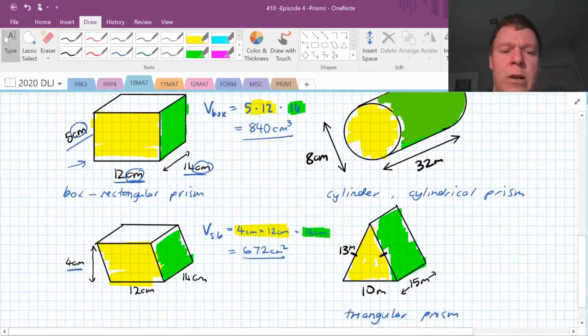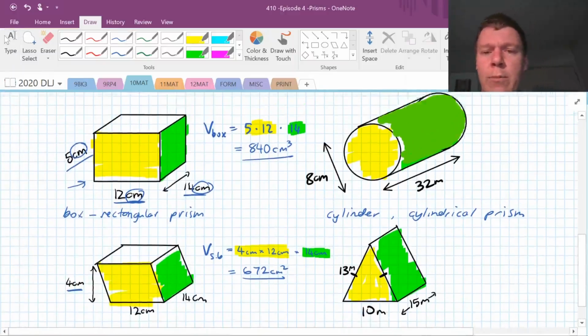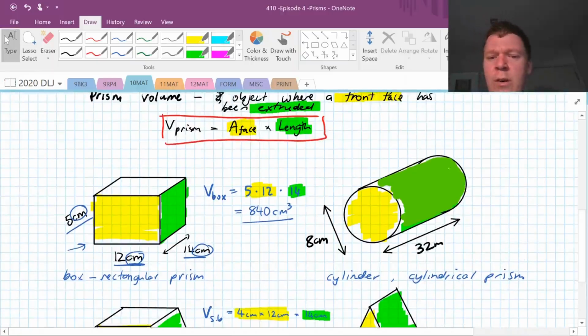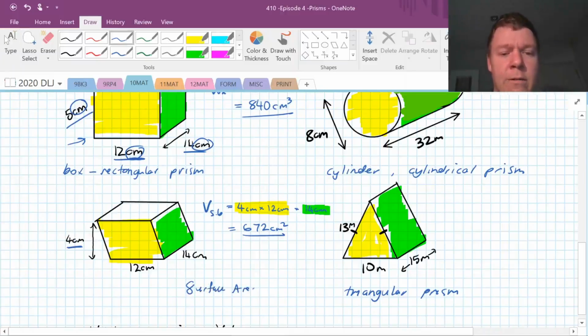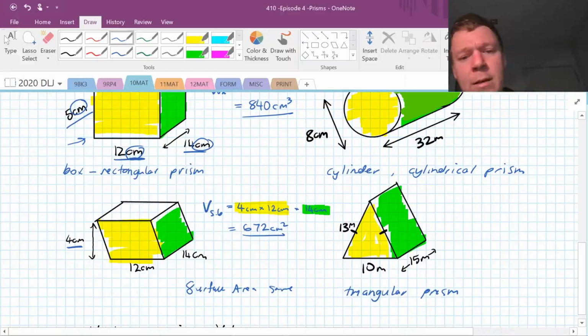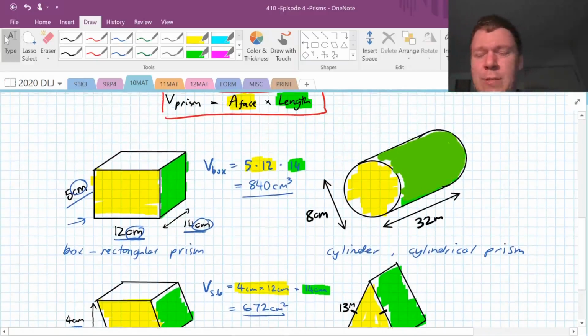When you're designing a product, don't do parallelograms because it's not using your materials efficiently. So the surface areas would be the same for those boxes, but the volume changes.